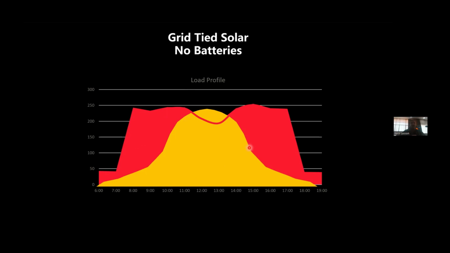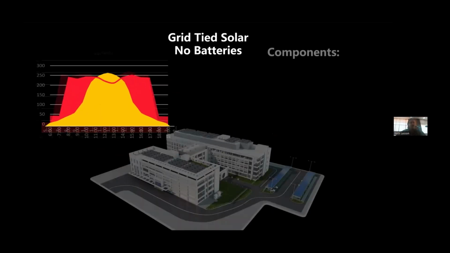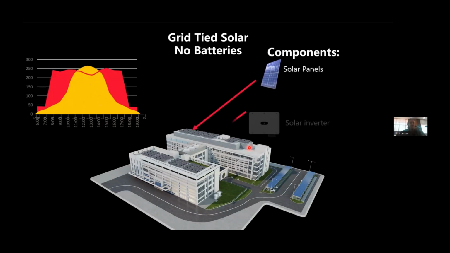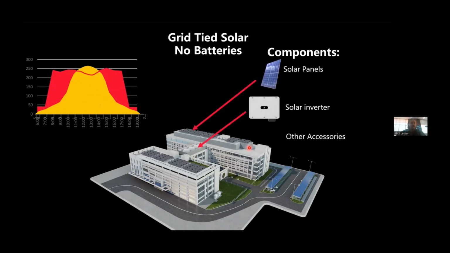Now, this example on the screen has no batteries. This is grid-tied solar, and the components you would need are the panels and the inverter and maybe other accessories. That's all. There are no batteries on this one.